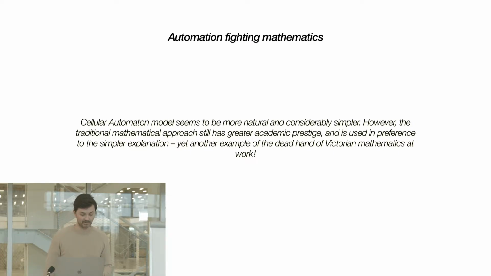Yet another example of the dead hand of Victorian mathematics at work. So with these simpler rules and emergent phenomena, people get obsessed with the simplicity and say, yes, this is it. It's simple. We do not have to care about the historicity. We do not have to care about everything that happened in this line of reasoning. It works. Just use it. That's it. That's nature.